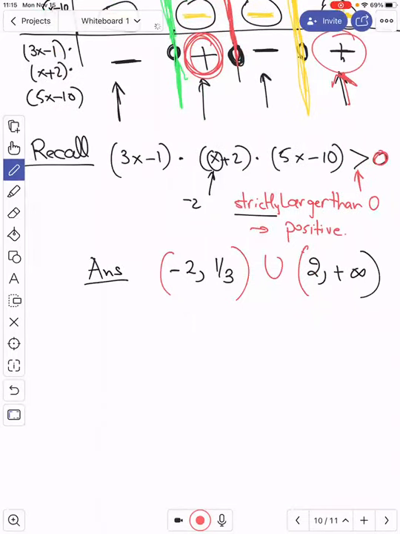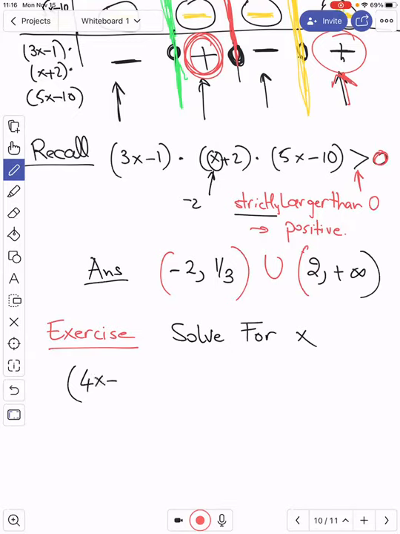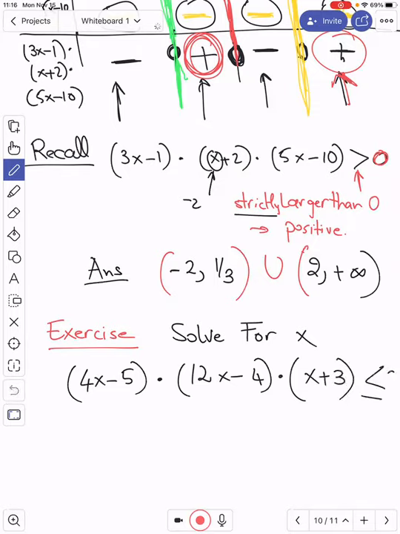All right, here's an exercise. Let's try to solve for x. Let's take 4x minus 5 times 12x minus 4 times x plus 3, less or equal to 0.